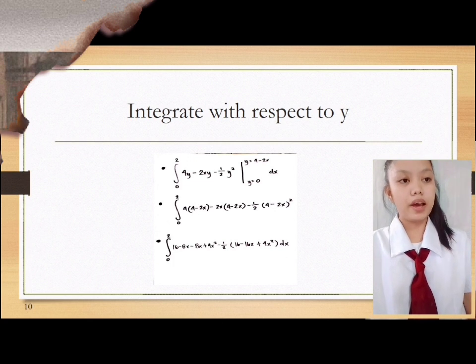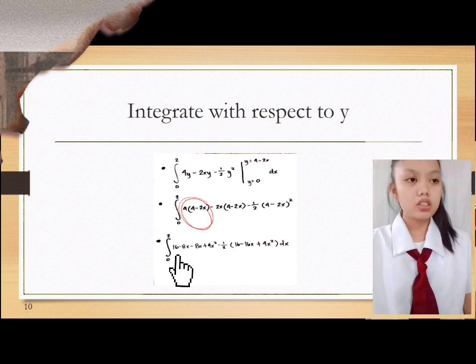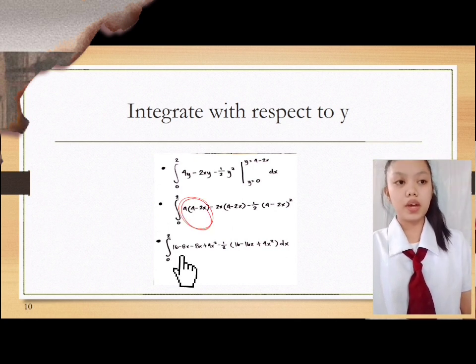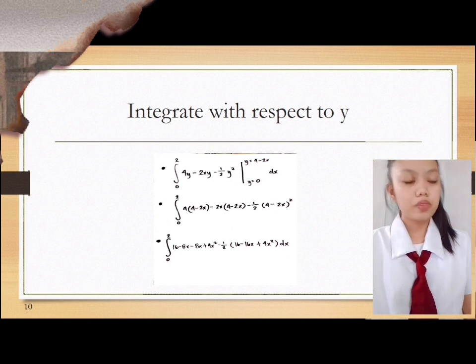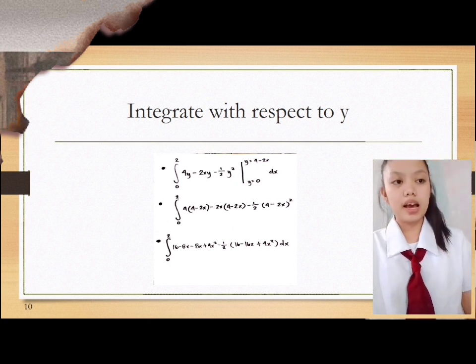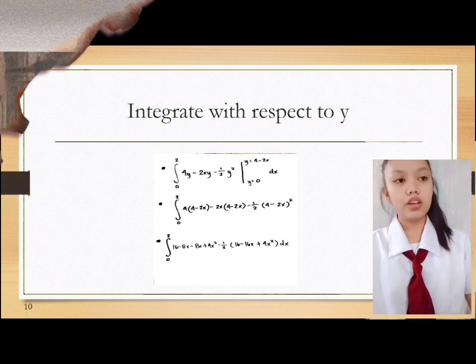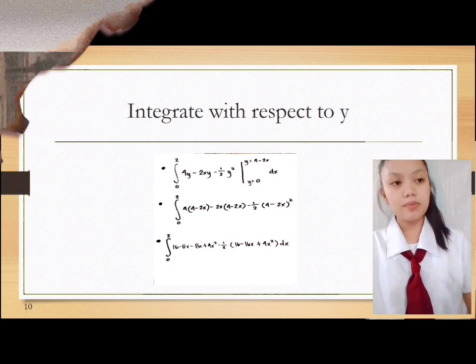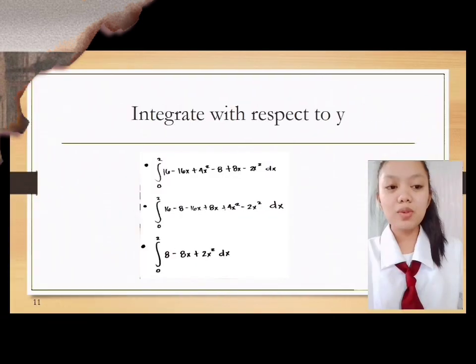So we're going to simplify. 4 times 4 is 16. Then 4 times 2x is 8x, minus 8x plus 4x squared, and we get 16 minus 16x plus 4x squared, and we leave the dx. Then combine like terms.